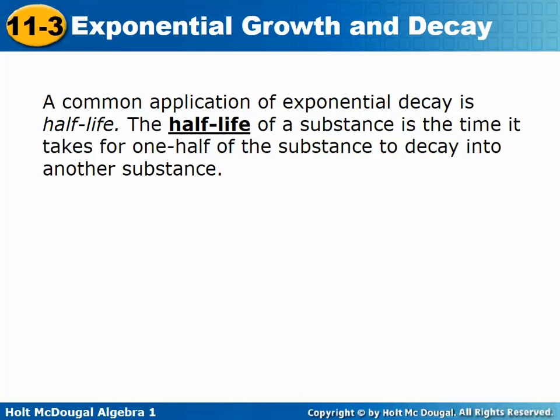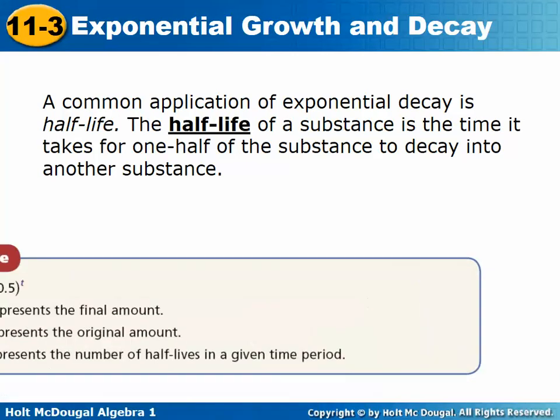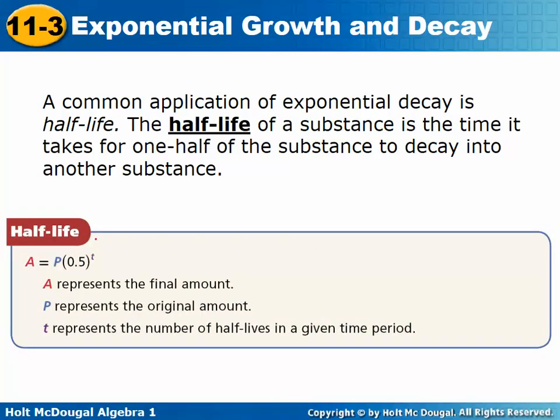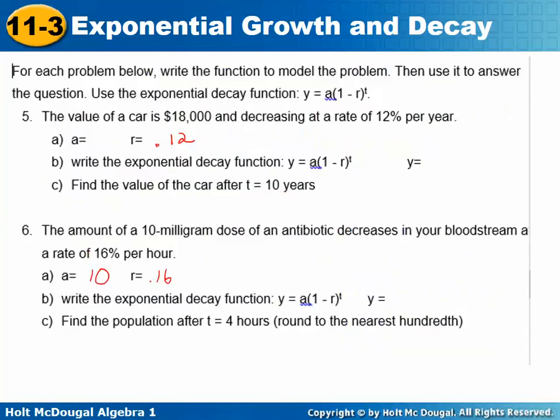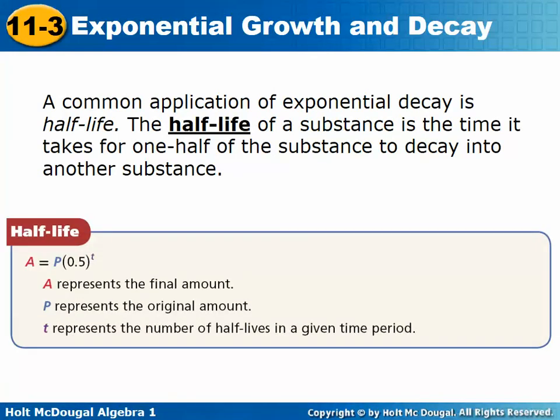This happens with elements, like there's radioactive decay, or in the bloodstream, when you take medicine, it will have a half-life. So it's the special thing where we use this. We always use 0.5 because that's half. So we want to know 0.5 to the t, and then we multiply that by p, the original amount.